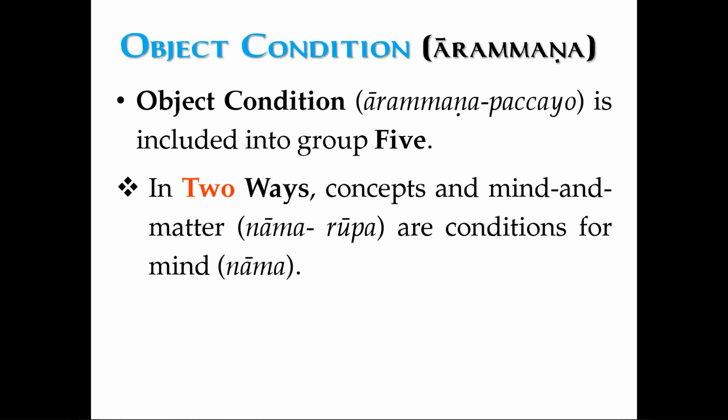In two ways, concept and mind and matter are conditions for the mind. Here the mind means cheta and chetasika. So object condition shows the relationship between concept, mind and matter, and the mind. It is included in group 5, right? Group 5.